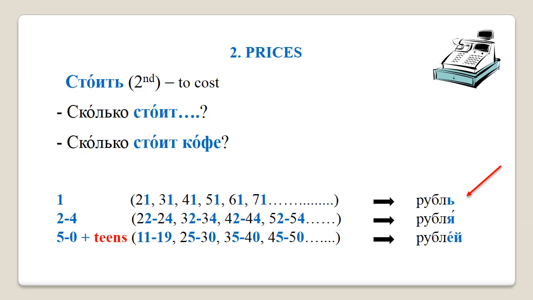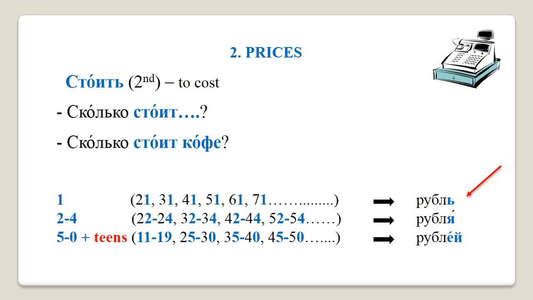Let's have a look at different forms of the word ruble, which is a Russian currency. Рубль, рубля, рублей. You will notice here that the pattern that we use for prices is the same one as we used for age in the previous lecture. If the number is 1 or ends in 1, we're going to say рубль.